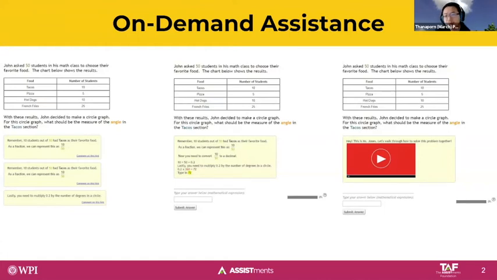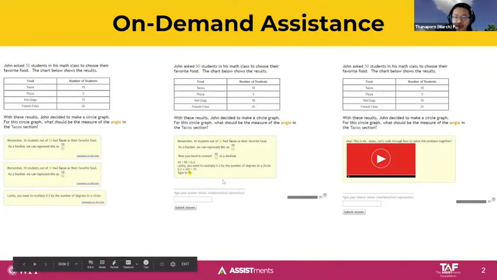But in this case, we only work on ASSISTments. For example, on the left, you can see the problem on the top and the yellow boxes at the bottom. These yellow boxes are what we call a hint set, which is a set of multiple helpful messages that students can request one at a time. Each hint message will help the student solve the problem.